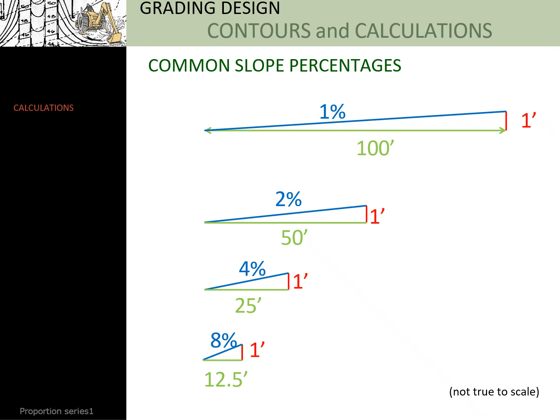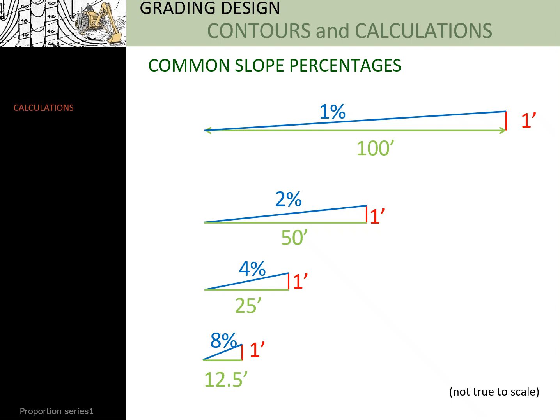For instance, 1% slope corresponds to 100 feet contour spacing, 2% to 50 feet, etc. This skill will also help you estimate slopes. For example, suppose the contour spacing is smaller than 100 feet but bigger than 50 feet. We would instantly know it's a slope between 1 and 2%.